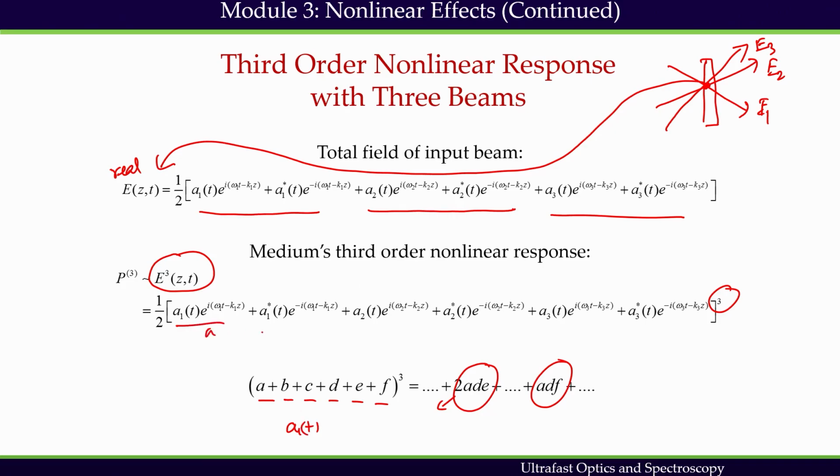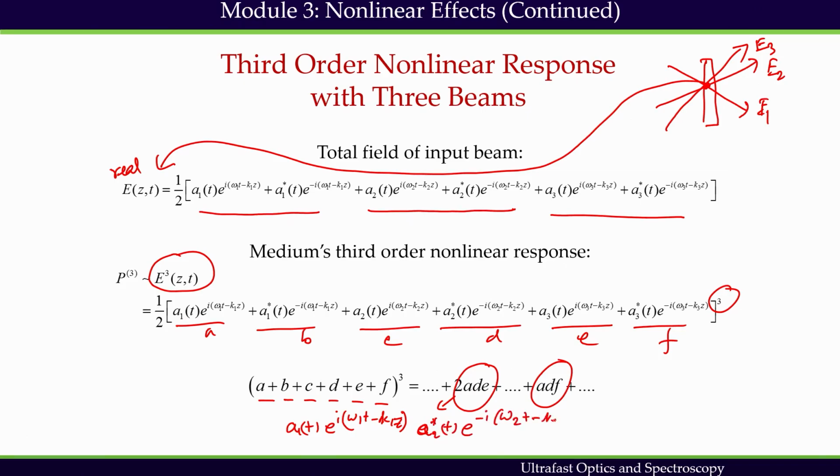From here it is A, this is B, this is C, this is D, this is E, and this is F. So the ADE term is going to be A1(t) e to the power i(omega 1 t minus k1 z), multiplied by D, which is A2 star (t) e to the power minus i(omega 2 t minus k2 z), multiplied by E, which is A3(t) e to the power i(omega 3 t minus k3 z).